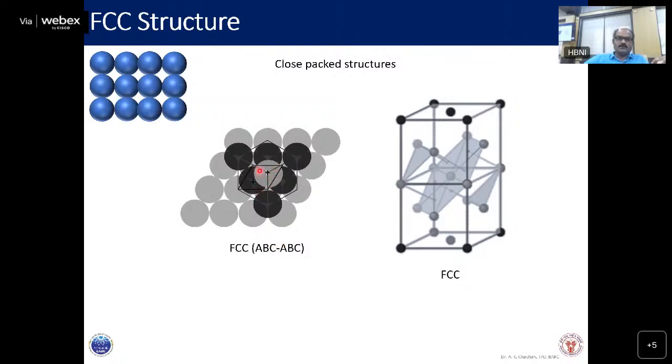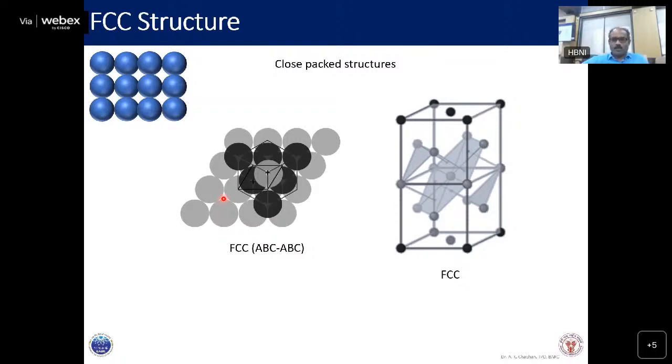In that case what you form is an FCC structure. So you have one layer, then another layer, then a third layer. So this structure is ABC, ABC, ABC kind of structure. This structure is the FCC structure, which is the closest structure.